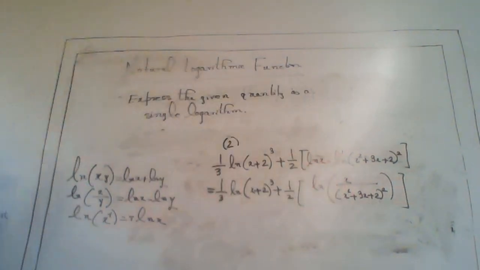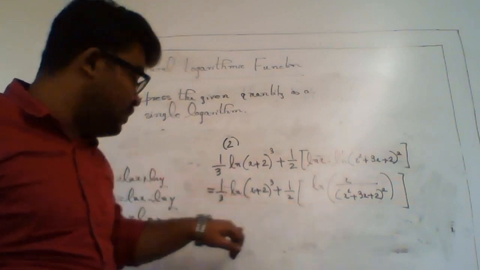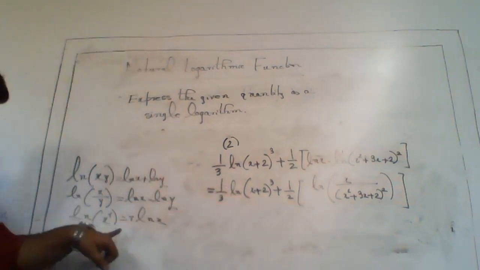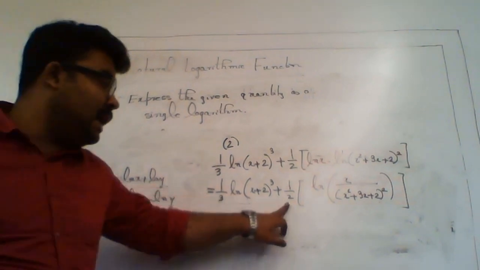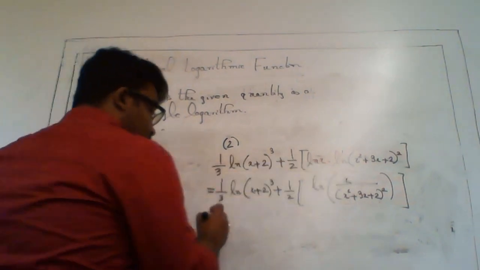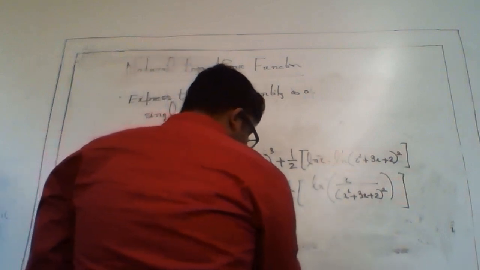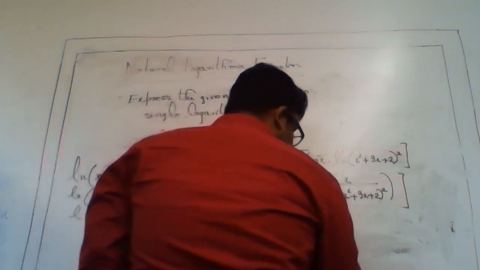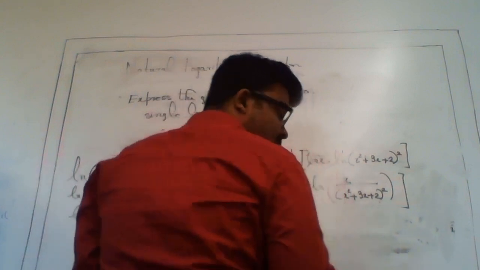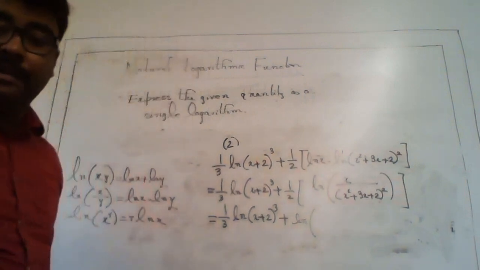Now you see I have half outside ln x. So using this property where something that is outside can be taken to the power, I can take half to the power of this. So I can write this as 1/3 ln x plus 2 whole cubed plus ln, and a power of half means I am ultimately taking the square root.